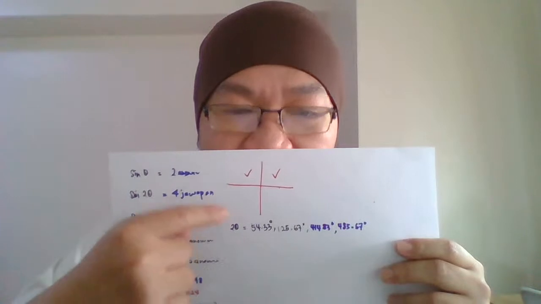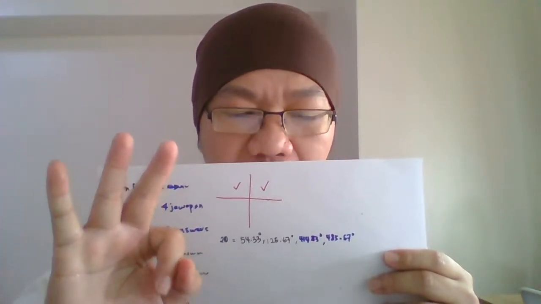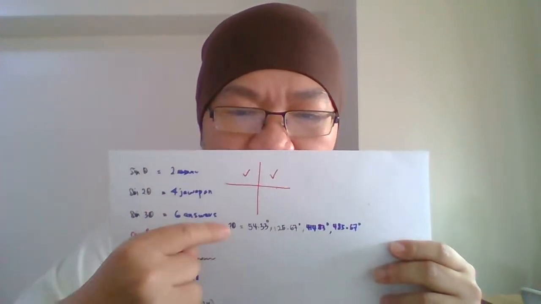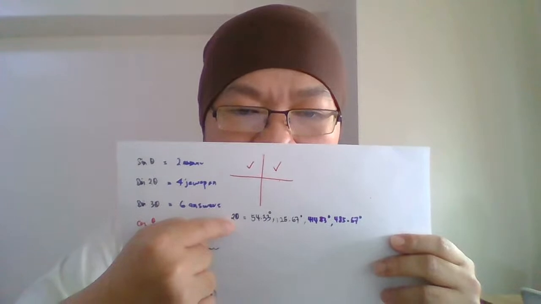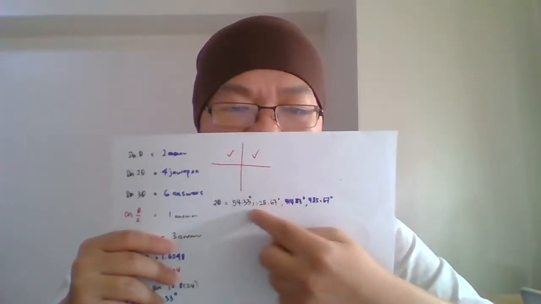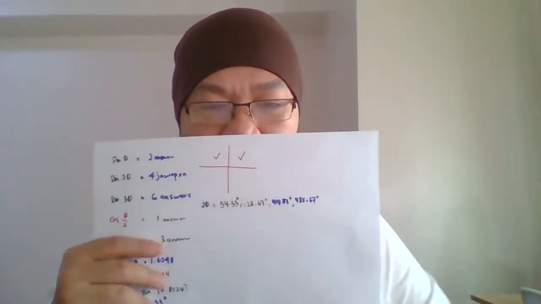If the question is worth 4 marks, you only get 3 marks. When we say solve the problem, we want to find theta, not 2 theta. So after we got this, we then divide everything by 2.